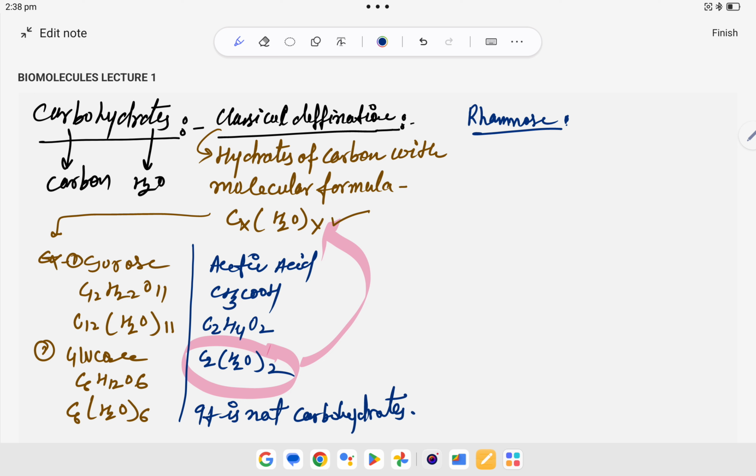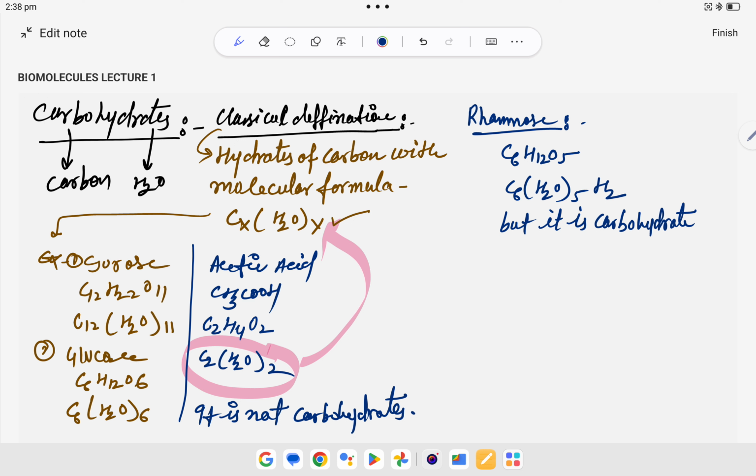If we are talking about rhamnose, C6H12O5, so C6(H2O)5 and H2. It is not satisfying the formula, but it is a carbohydrate. So this classical definition is not valid.